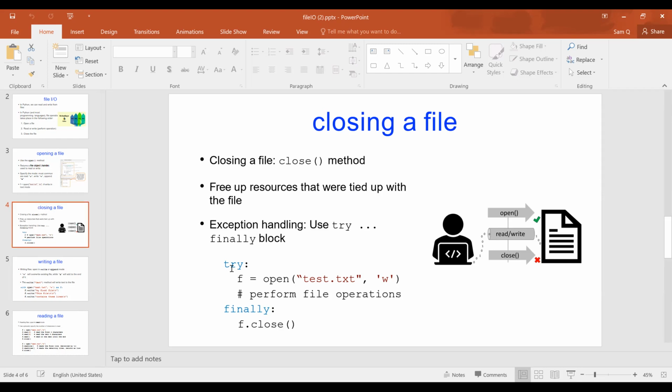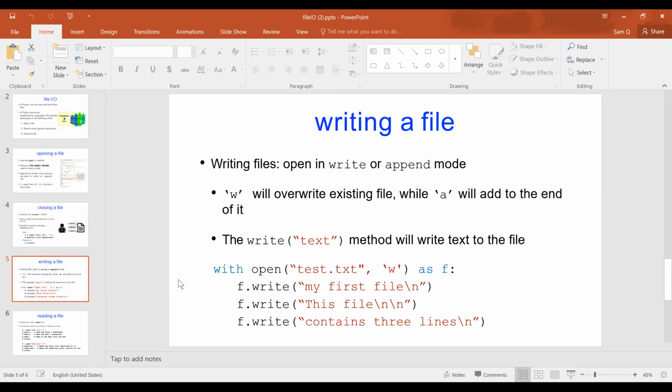So in order to avoid that, we usually do this try and finally. Basically you try something, and even if you have problems, you still will execute f.close. Another neater way to do this is to use with. You can say with open some file, some mode, as f. Then this f will be your file handle. Then you can say f.write, write one line, write another line.